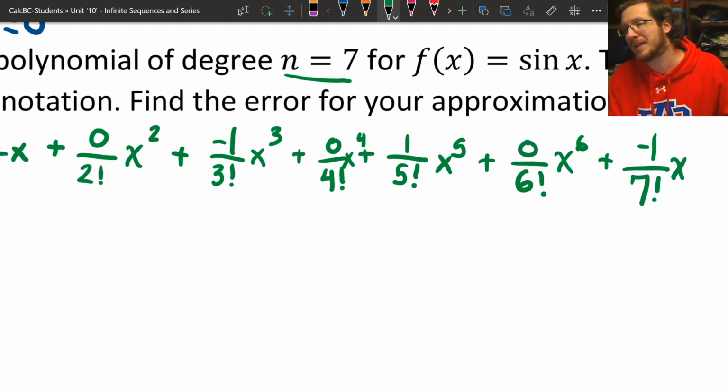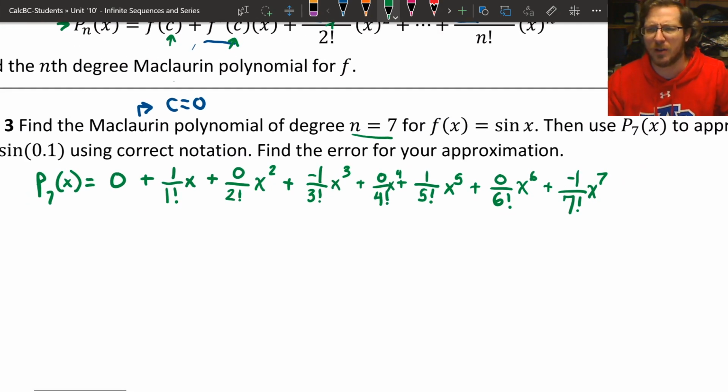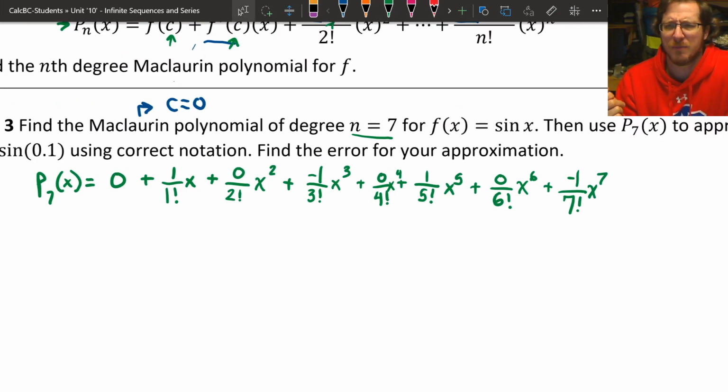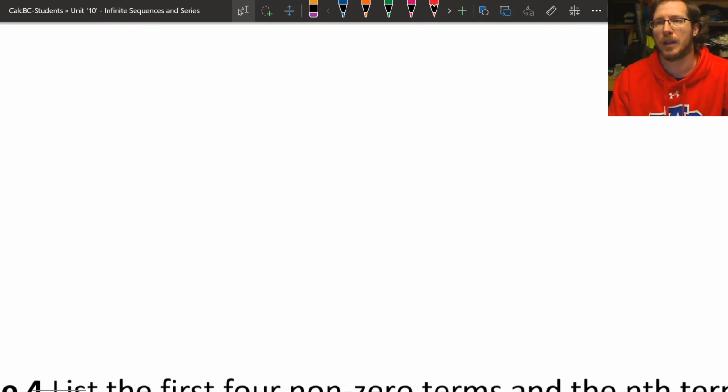When we hit that 7th degree polynomial, we can stop. And that is our p sub 7. Although, if you notice, there's a lot of 0 terms in there. We want to remove those, so let's rewrite it with those terms taken out.